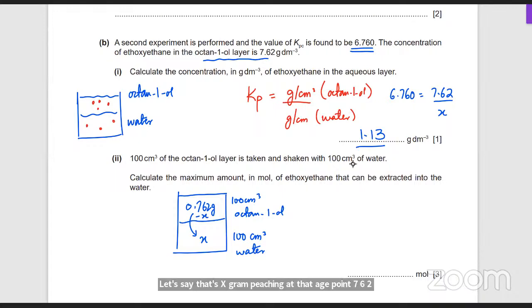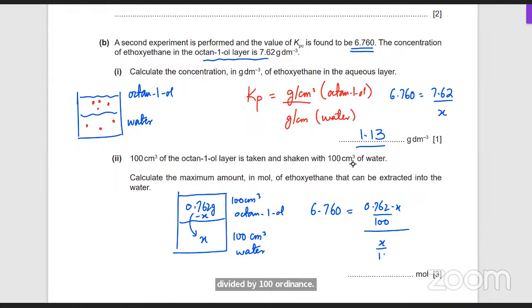So you got the KPC value, which is 6.760. So octane 1-ol layer क्या? That's 0.762 minus x divided by 100. और नीचे water layer क्या? That's x over 100. The 100 part would eventually get cancelled out.